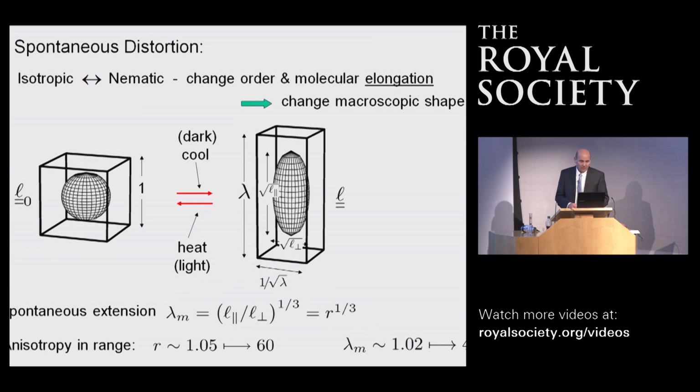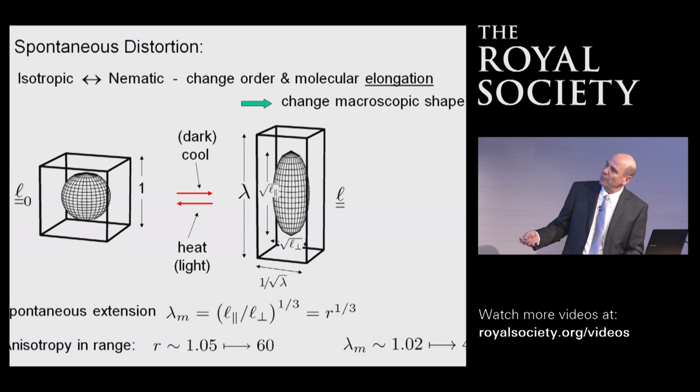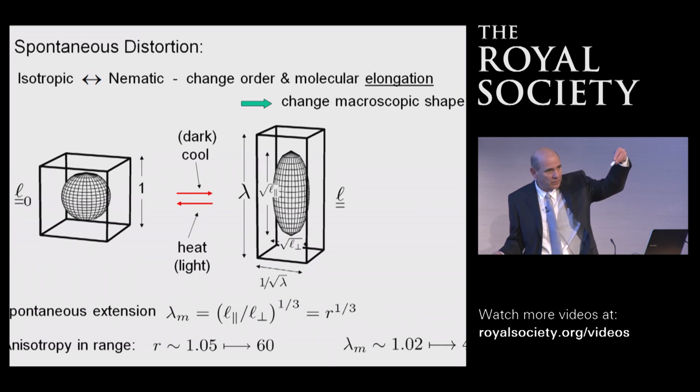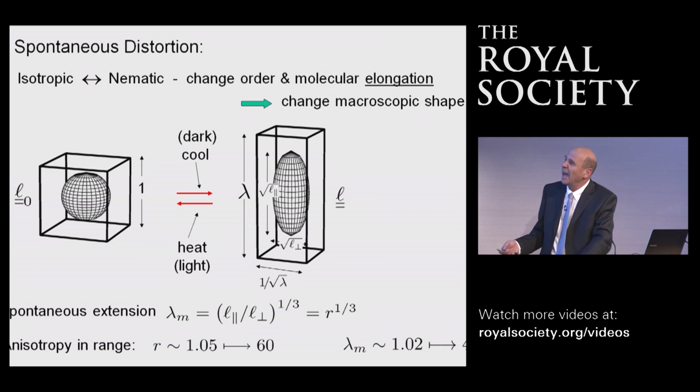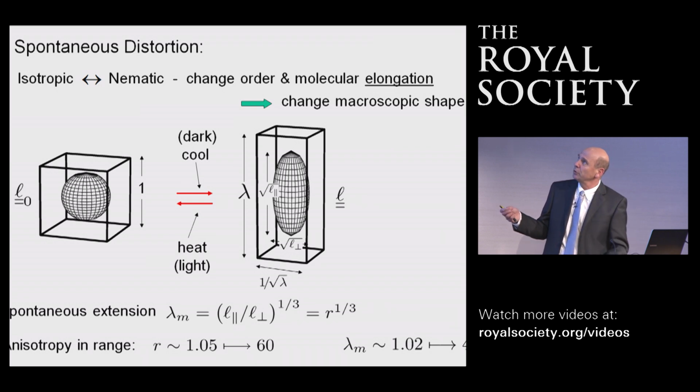So we take this rubber in its hot state, and we notice that if we change the order from the random state, when I heated this up with the heater, and let it cool to the ordered state, then we have molecular elongation, which should lead to macroscopic shape change.